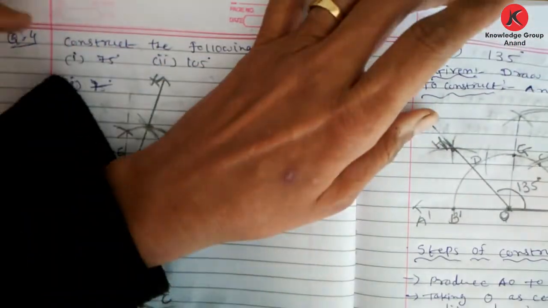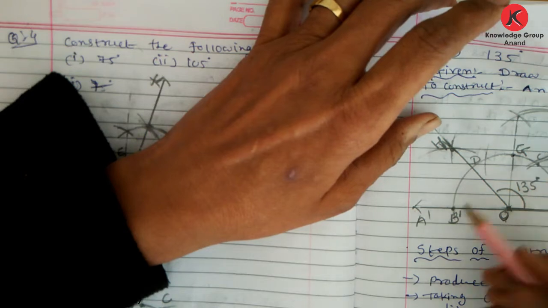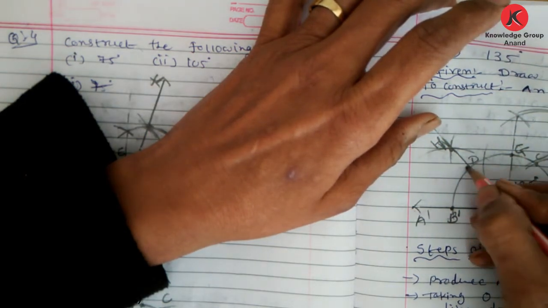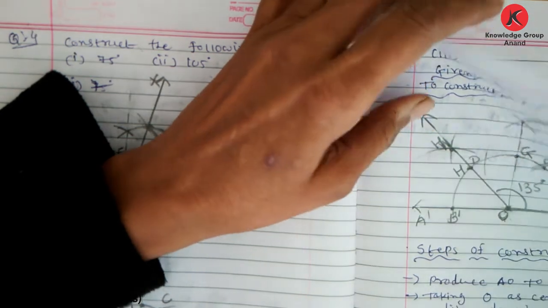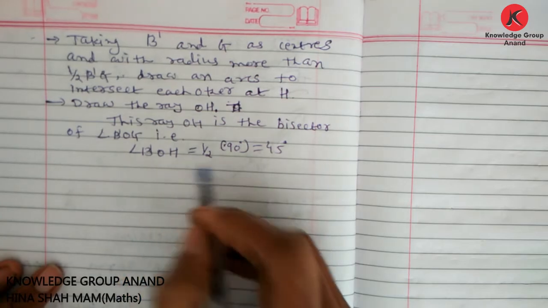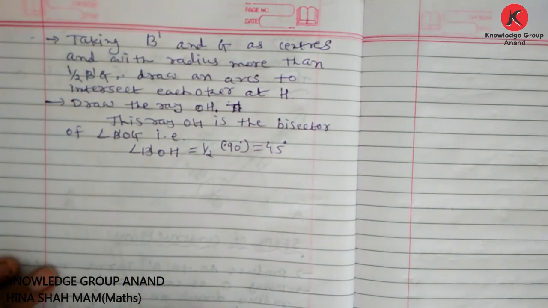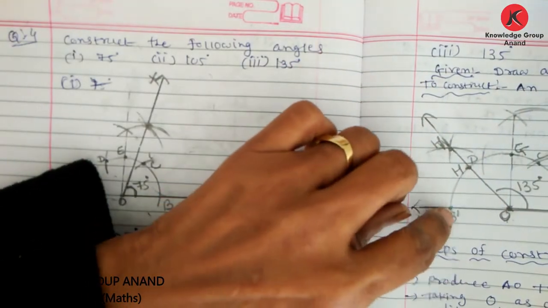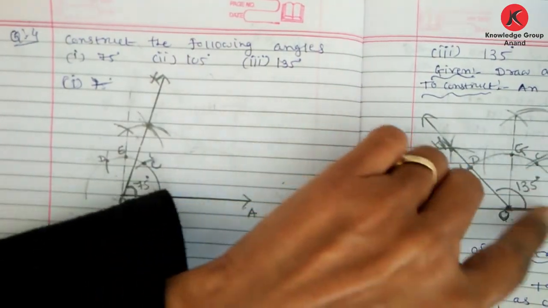Angle B dash OG is 90. B dash OH is equal to 1/2 of 90, which is 45.